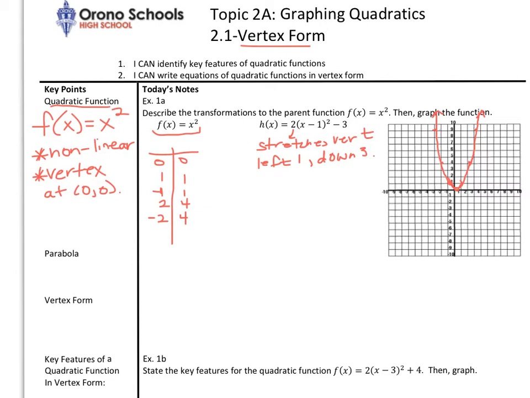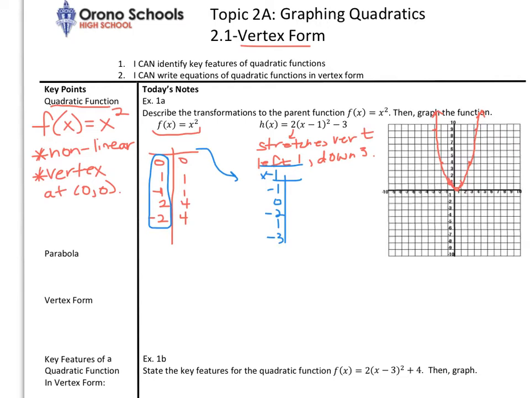So if you remember in our tables from topic 1, we take our original points and we create a new table. Left 1 means all of our x values, we're going to subtract 1. So I'm going to take everything in this column and simply subtract 1 from it. 0 minus 1, 1 minus 1, negative 1 minus 1, 2 minus 1, and negative 2 minus 1.